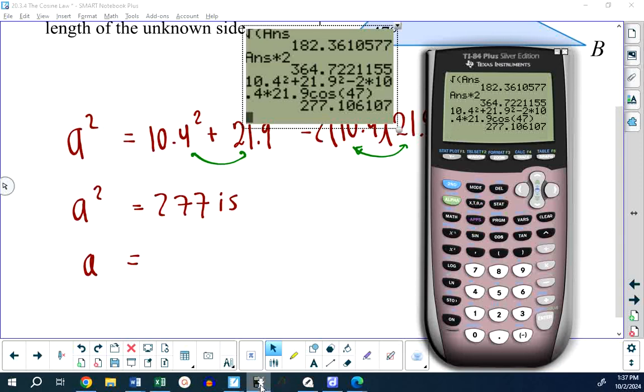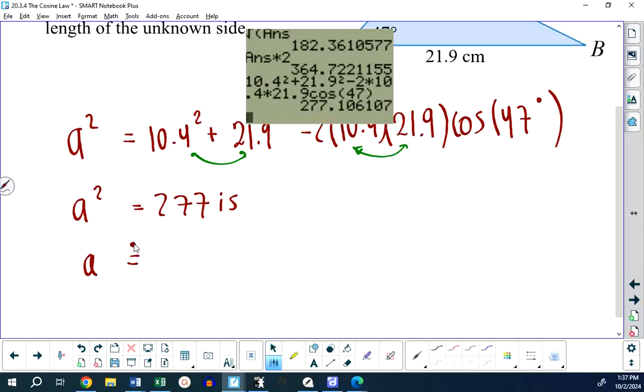Lengths are positive. So 16.6, approximately. What are we doing in centimeters? Any questions with that first one? It's really pretty straightforward. It's calculator work.